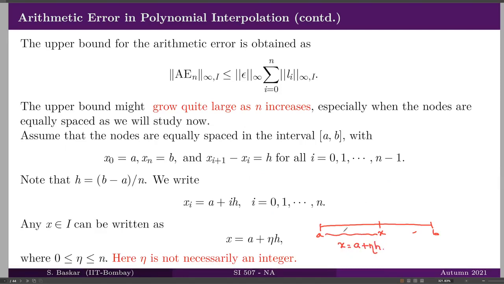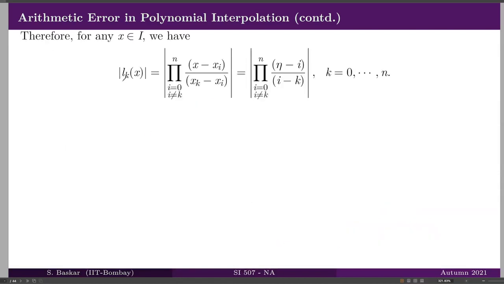Let this distance be, say, d, then you can always write d is equal to eta h, where eta is obviously equal to d by h, right? So you can always choose a real number, eta, such that x is equal to a plus eta h. Now with these notations, that is xi equal to a plus ih and x is equal to a plus eta h, we can write the Lagrange polynomial like this.